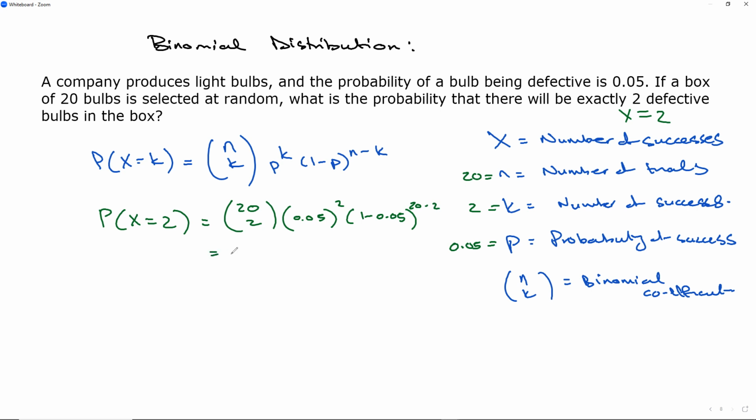And so we put that onto the calculator and we end up with 190 times 0.0025 times 0.95 to the power of 18, which ends up as 0.285. So the probability that there will be exactly two defective bulbs in the box is going to be 0.285.